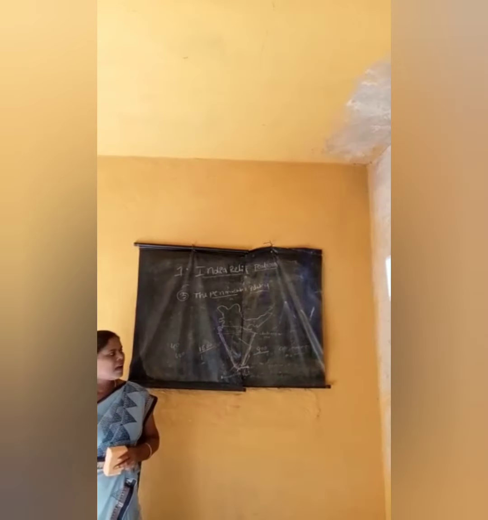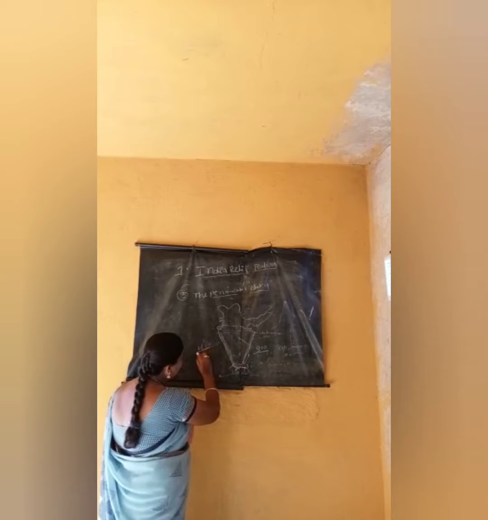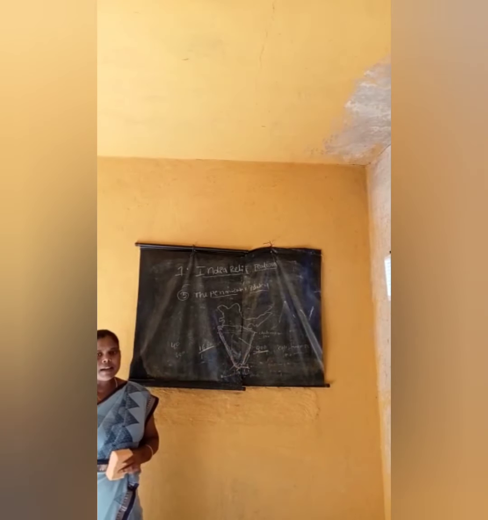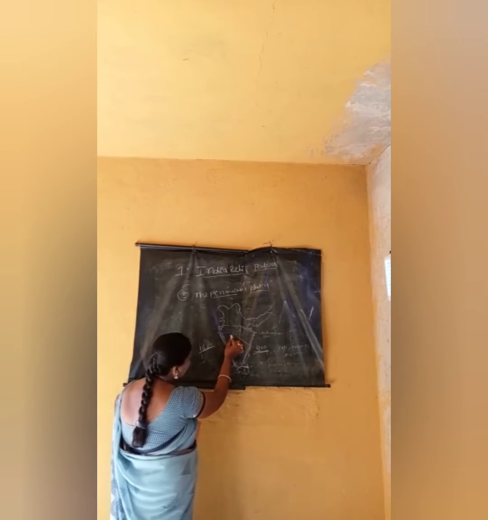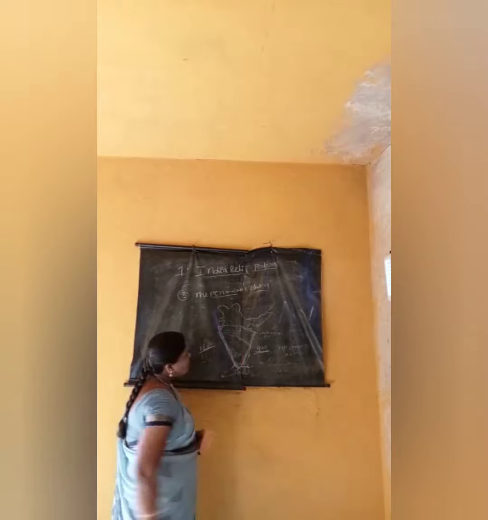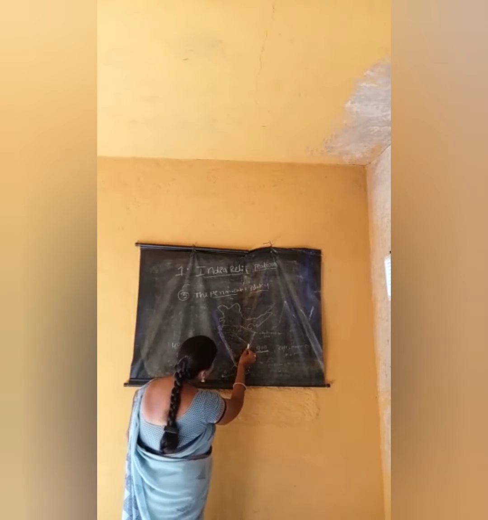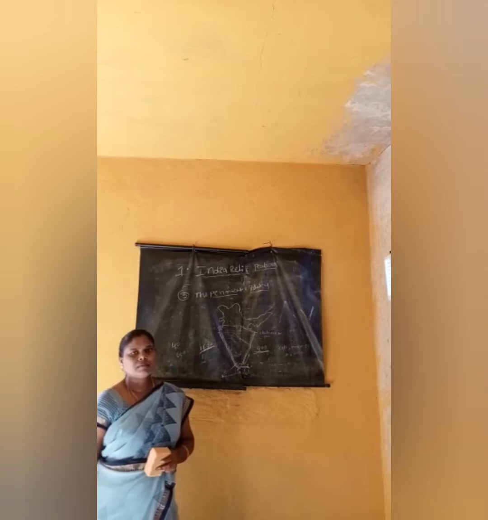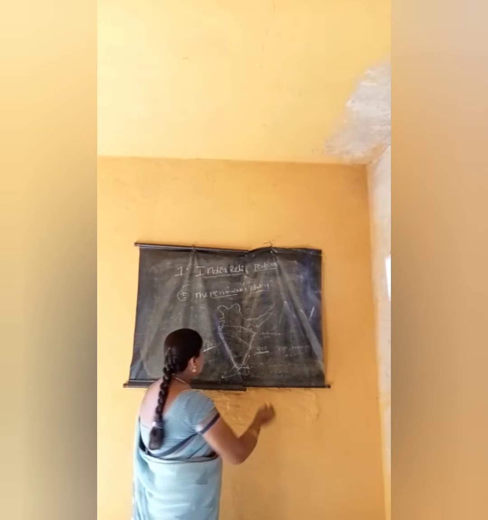In the Deccan Plateau region, an east slope is seen. Understand?